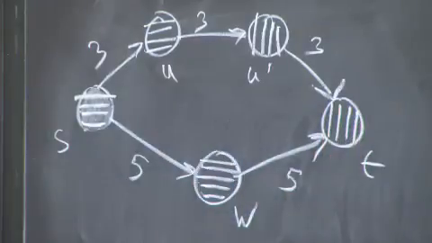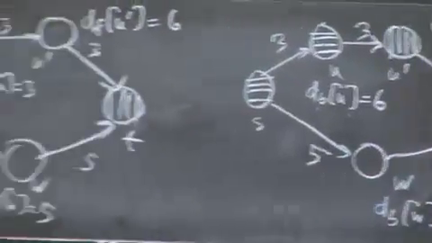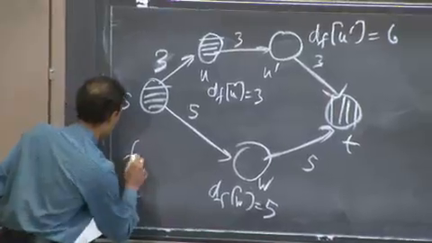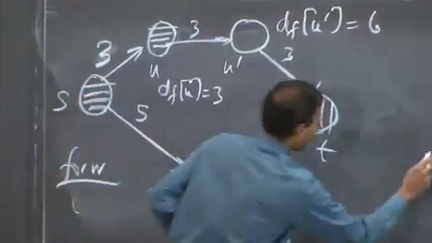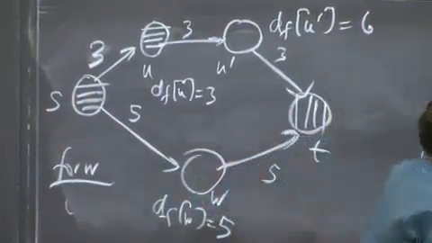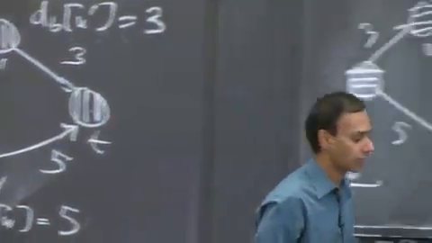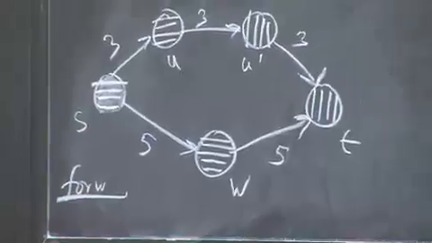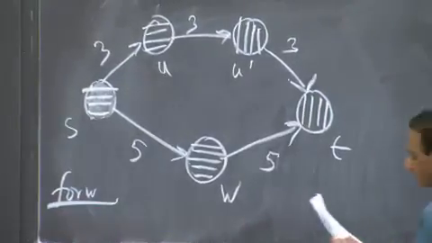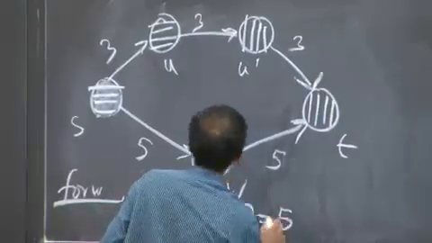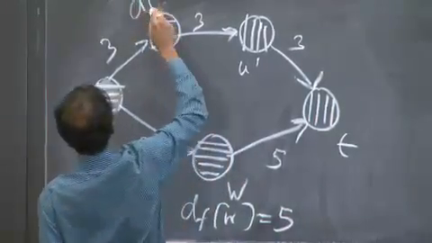So now I'm looking at it, I've taken care of these two, and I'm talking about the forward search here. So this is, again, the forward, and that's the backward. And now I'm doing a forward again. My only choice now is to pick the W vertex off of QF, right? Because DF of W equals 5, and this one has already been processed.